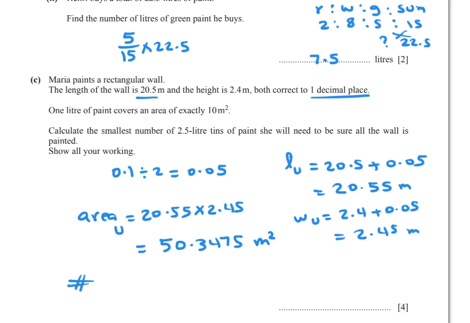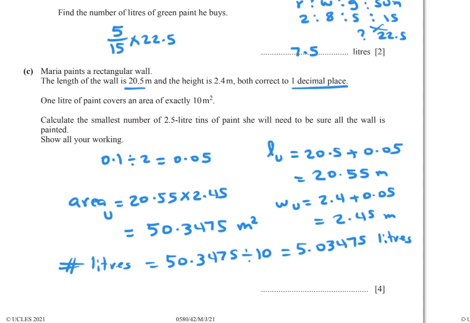Now to find how many liters are needed, we divide by 10. So the number of liters we need is 50.3475 divided by 10, which equals 5.0345 liters. Each tin contains 2.5 liters.